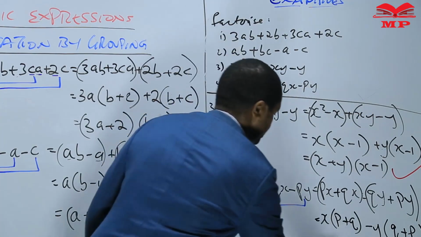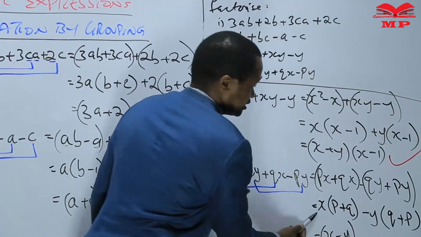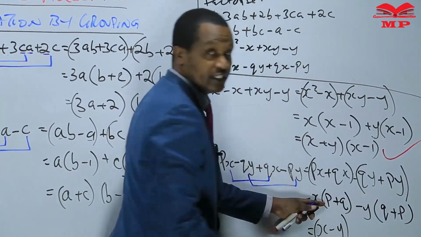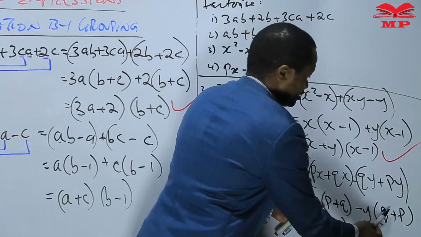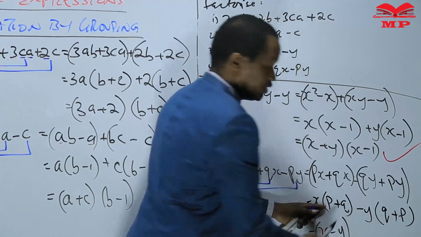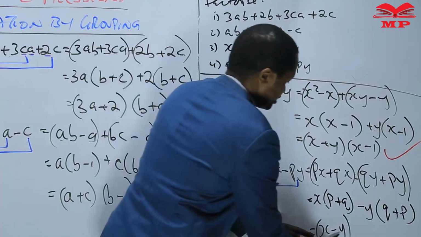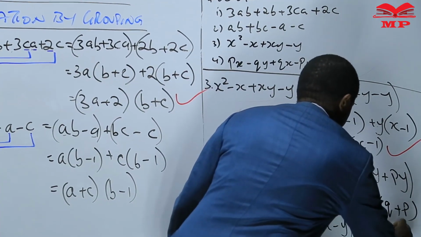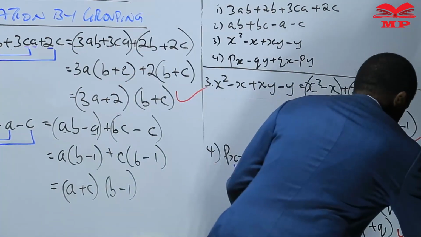So the answer is x minus y, then p plus q. p plus q is the same as q plus p. So the answer is x minus y, p plus q. So that is the answer.